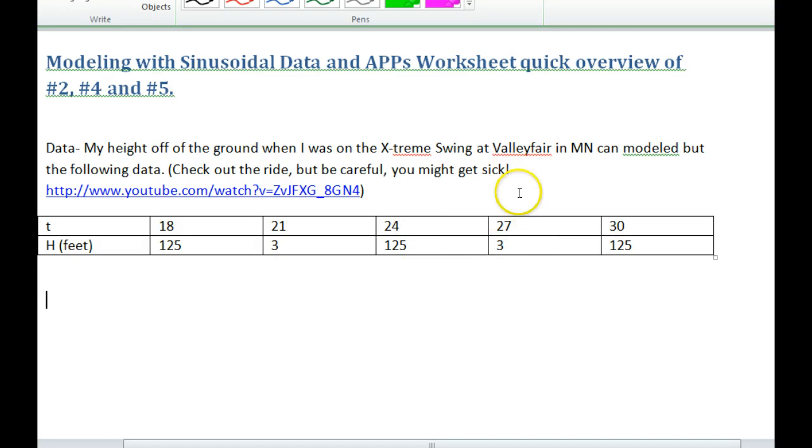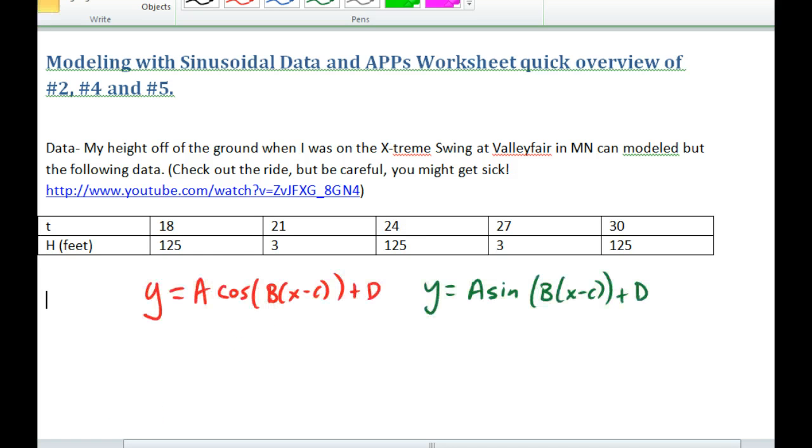So if we want to model this with a sinusoidal equation, what we should do, first of all, is find out our maxes and mins, because the maxes and mins will help us find A and D for either one of my equations, whether I use the sine or the cosine function. So if I identify my maxes and mins, my maximum is going to be 125 and my minimum is 3.